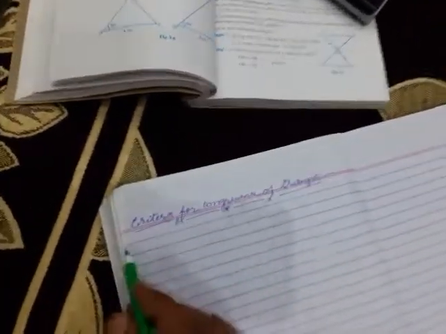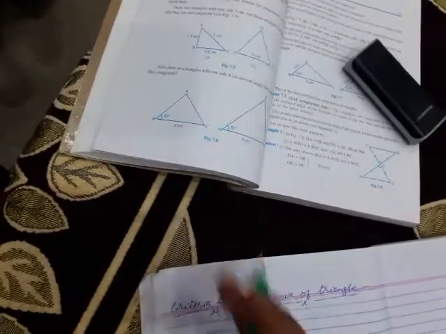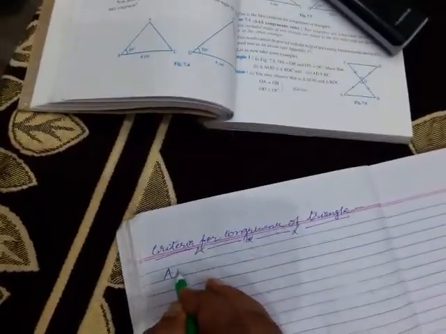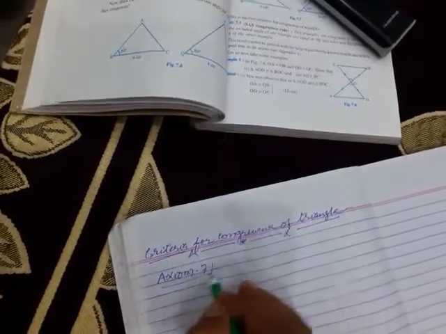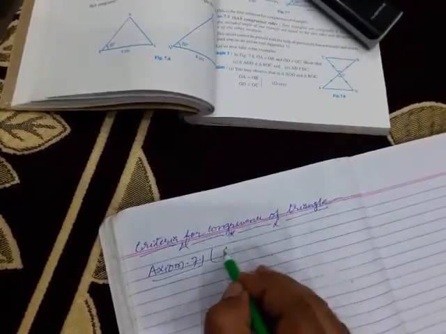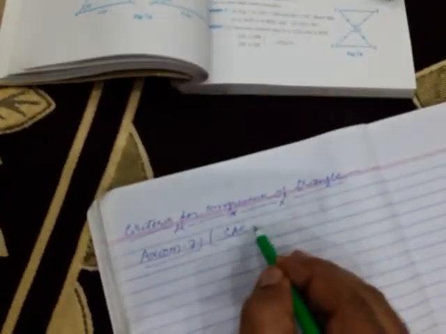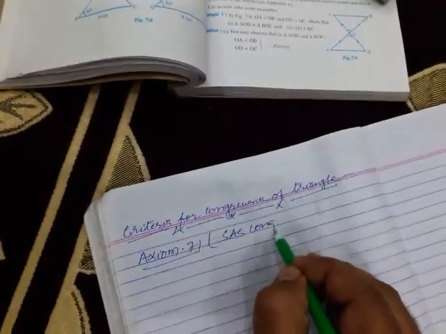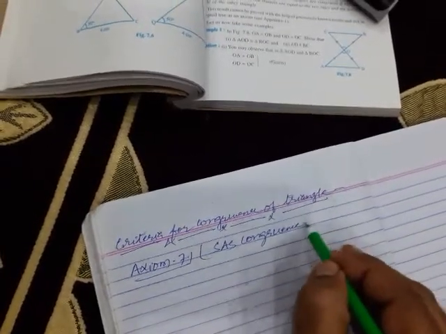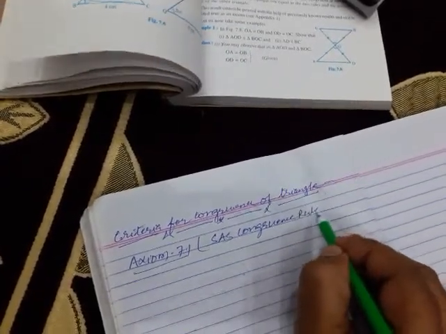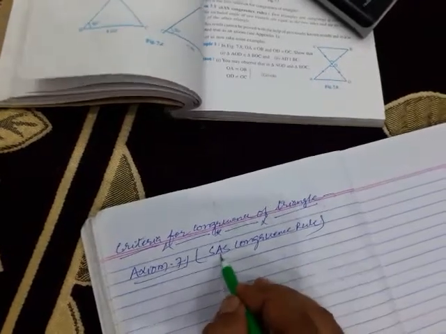Okay children, now this is axiom 7.1. This is also known as the SAS congruence rule. What is the meaning of SAS, children?